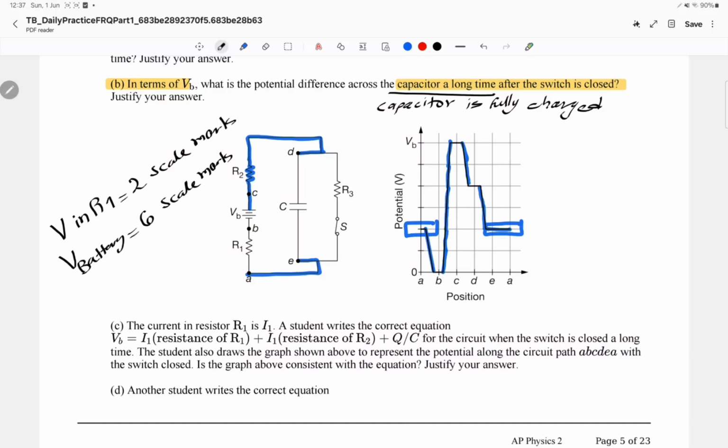Good. So the graph is consistent with the equation. Yes, the graph is consistent with the equation. I just explained what's happening here.